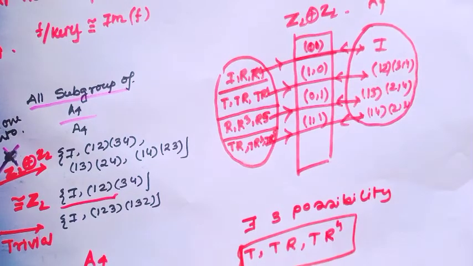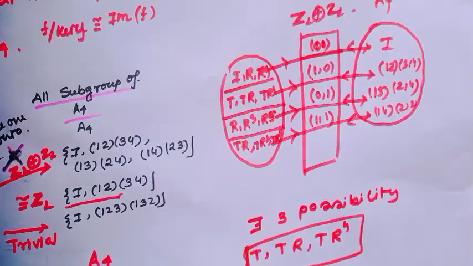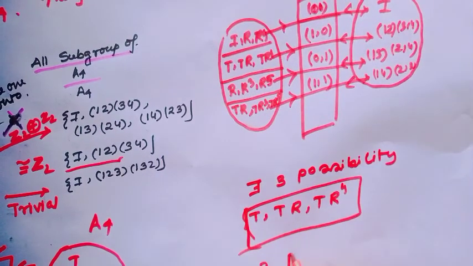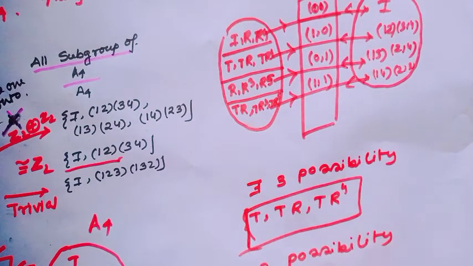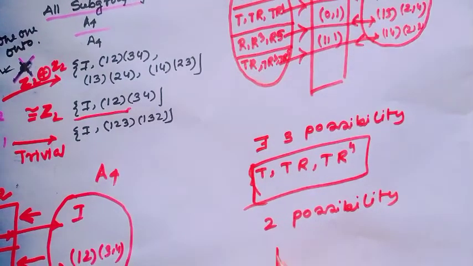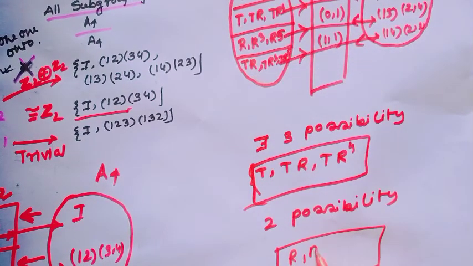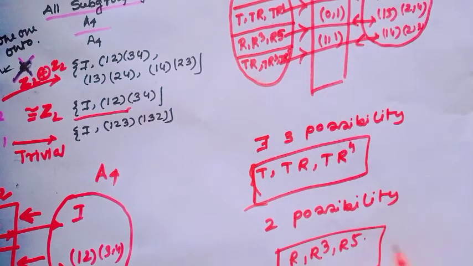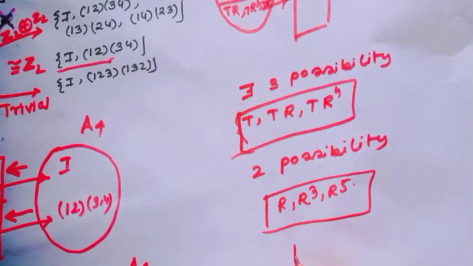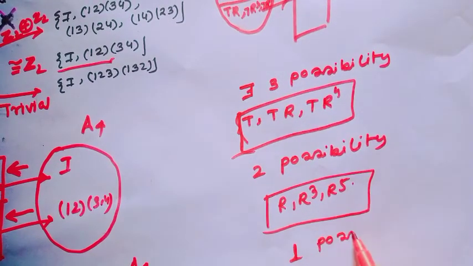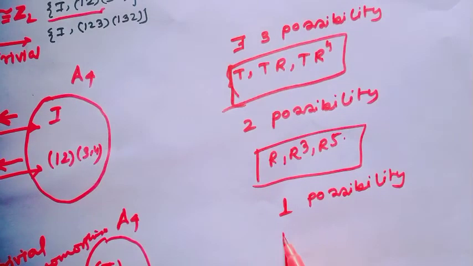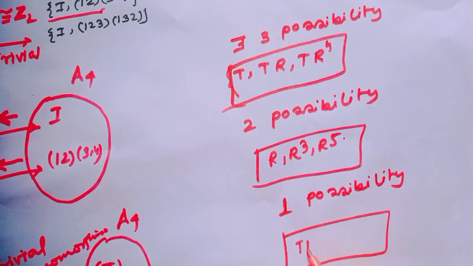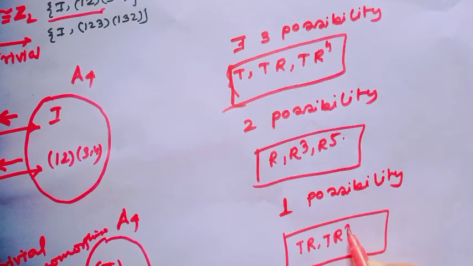Okay. And similarly, 2 possibilities for the coset R cube and R to the power 5, and 1 possibility for the coset TR cube, TR to the power 5.